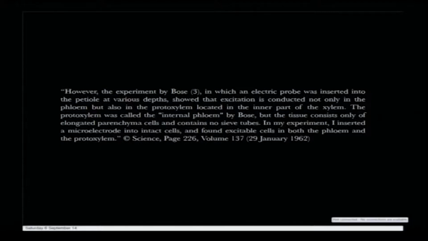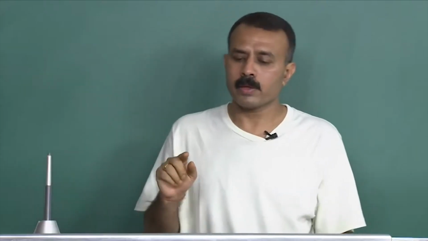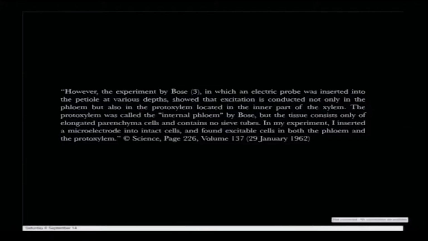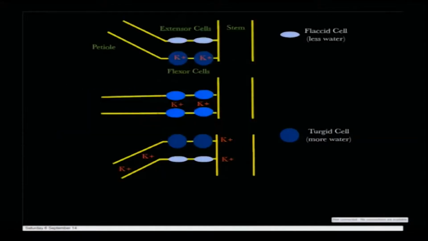However, the experiment by Bose, in which an electric probe was inserted into the petiole at various depths, read through these lines very carefully, and that is why I am repeating these lines with you. What that essentially means, if I take you back to this picture, is that you are probing at different depths to see where you are getting the electrical signals.